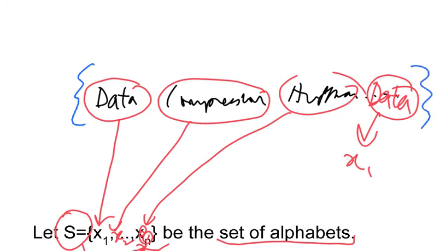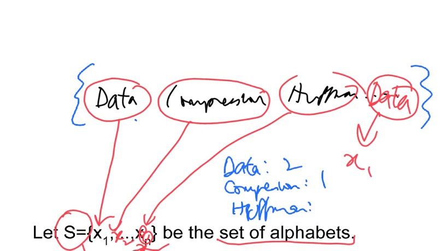So how many strings do we have? We have 4 strings, right? Data occurs 2 times. Compression happens 1 time. And Huffmann, we are seeing it once in this particular example. So altogether we have 4 words, 4 strings. And the probability of seeing data here is 2 out of 4.